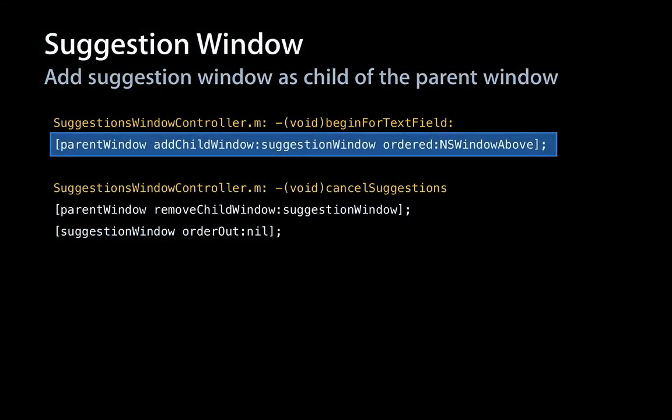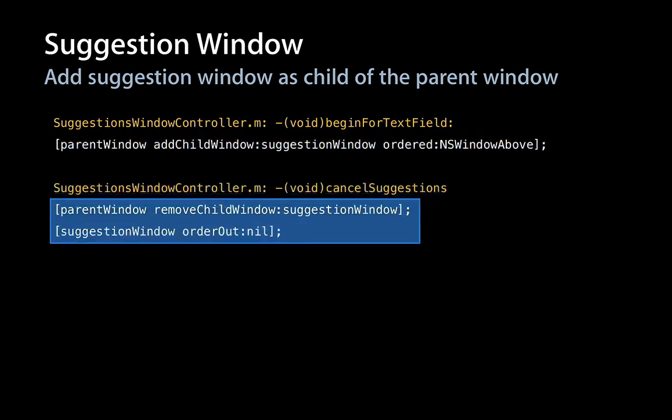As I said, you need to add your suggestion window as a child window of the parent window. Parent window, add child window, suggestion window, ordered NSWindowAbove. This will bring the child window above your parent window and put it in the appropriate place. So now you don't need to call order front on the window, and we obviously don't want to make it key, so we don't call order front and make key, because the key focus needs to remain in the text field.